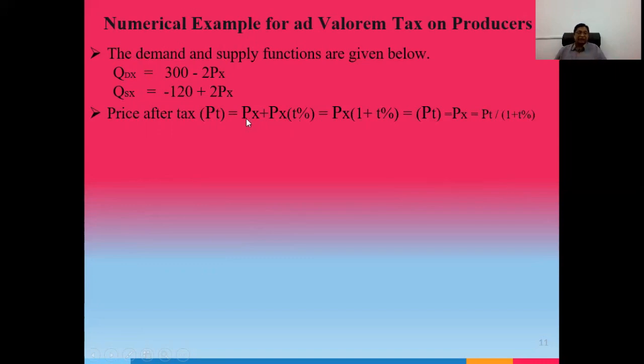That is Px plus Px into T percent, the ad valorem tax rate. Then you can take the common term Px out. When we take the common term out, you will get 1 plus T percent within the bracket.